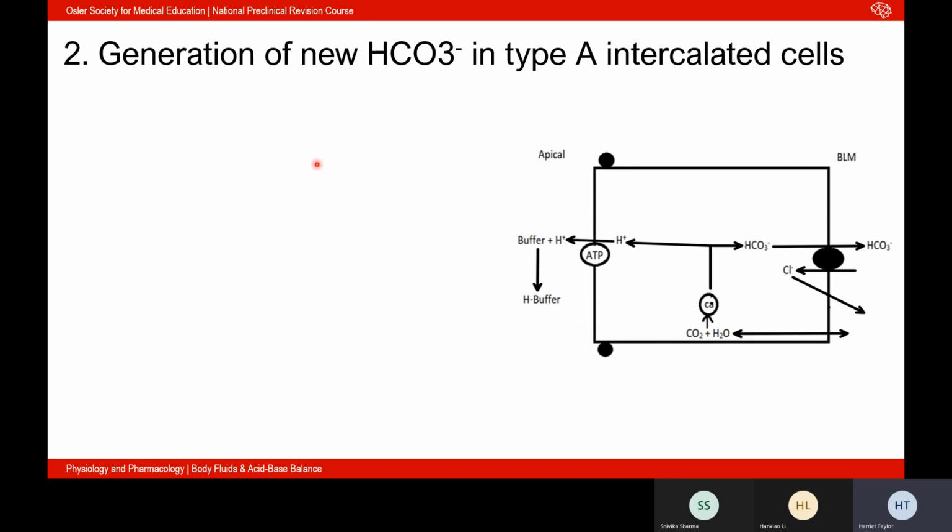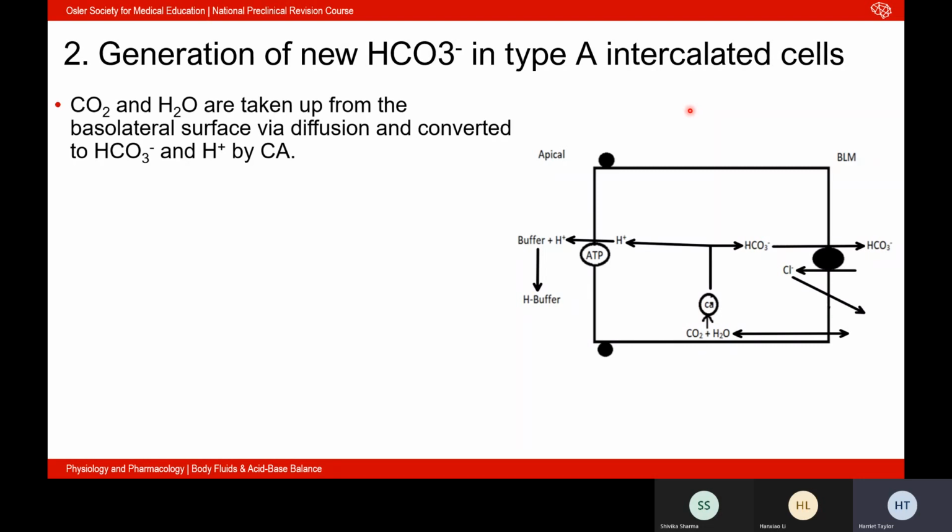Okay, so second method, we're going to generate new bicarbonate in the type A intercalated cells. So this is where the CO2 and the H2O are taken up from the basolateral surface, and they diffuse across this membrane.